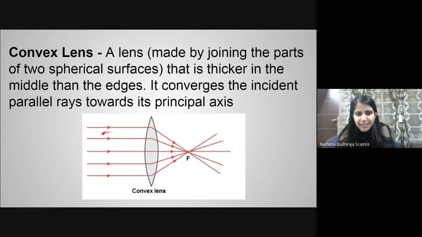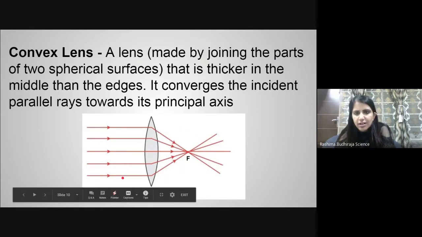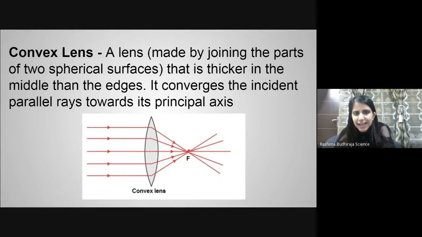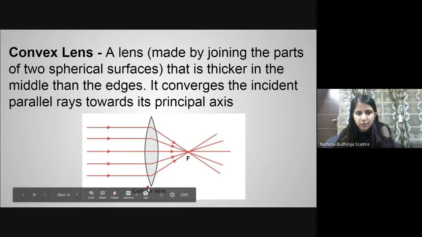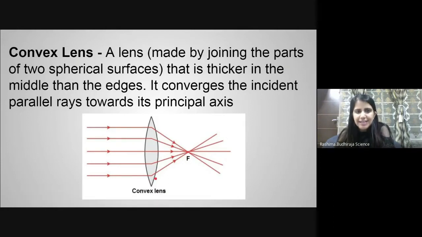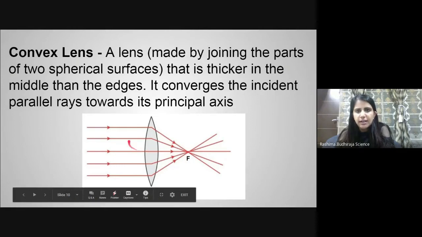And we see that the incident parallel rays of light are converging after refraction through the lens. They are meeting at a point. Hence, convex lens is a converging lens and it is thicker in the middle than at the edges.